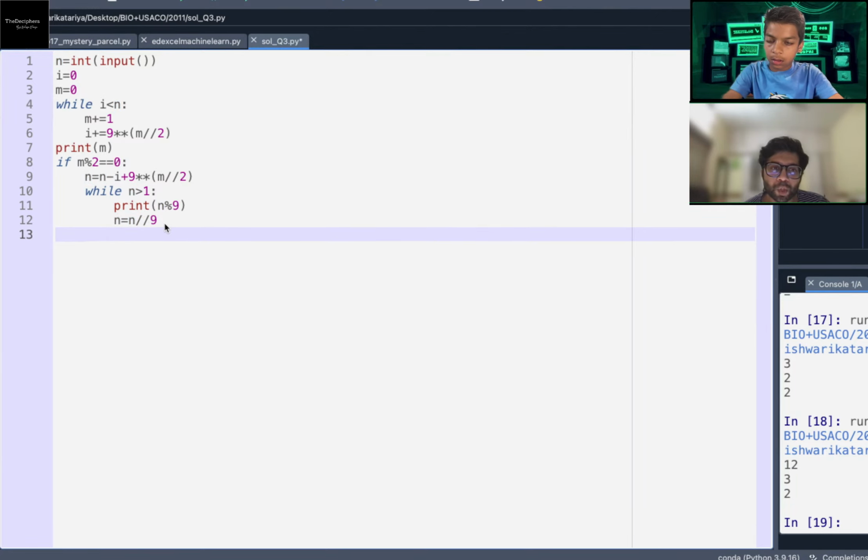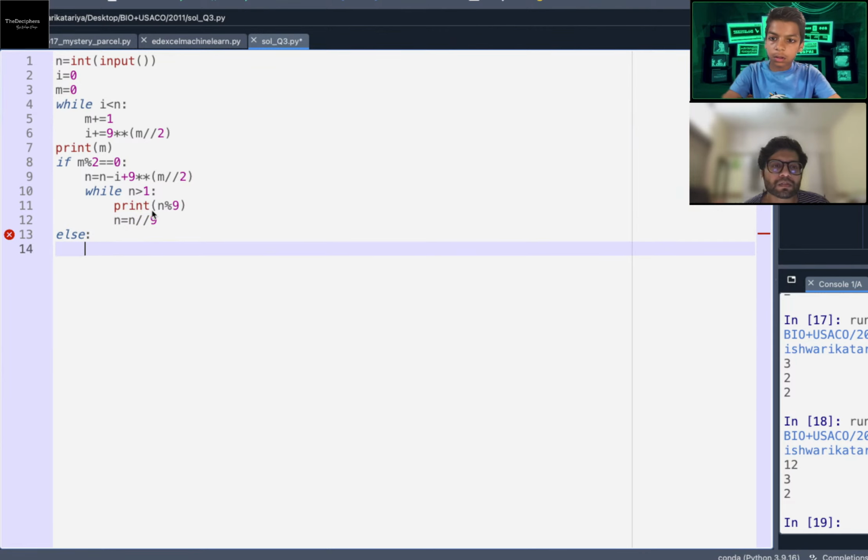Okay, if m is odd, then what are we doing then? If n is odd, I think it's the same, but we also add a 5 on the end.